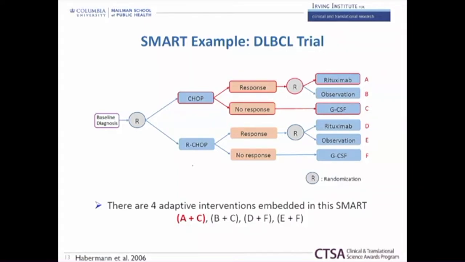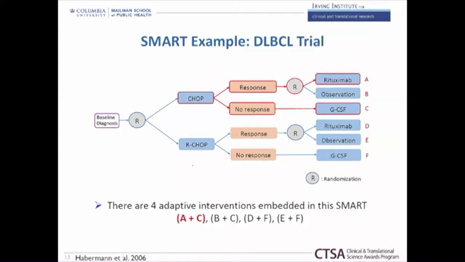So we denote this adaptive intervention as A plus C here because it consists of 2 treatment sequences, sequence A and sequence C. Similarly, we can identify another 3 adaptive interventions in this design diagram. Each adaptive intervention consists of 2 treatment sequences, one for response and one for no response, and both treatment sequences share the same stage 1 treatment.